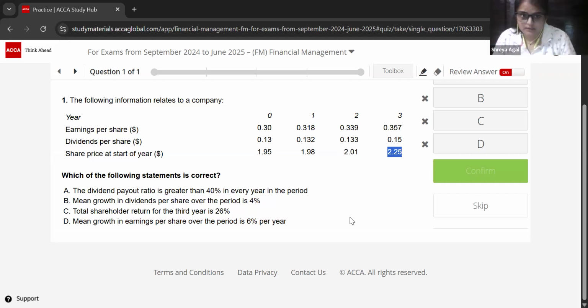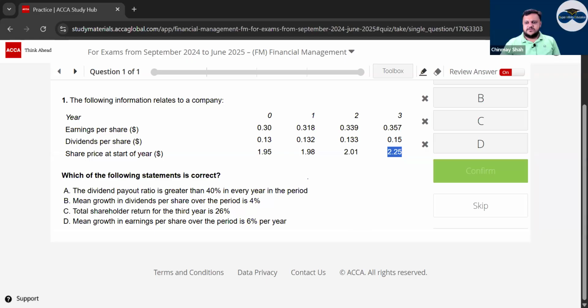19.40. That is 0.15 plus 0.24, correct? So it comes to 0.39. 0.39 divided by what, 2.01 or 2.25? 2.01.